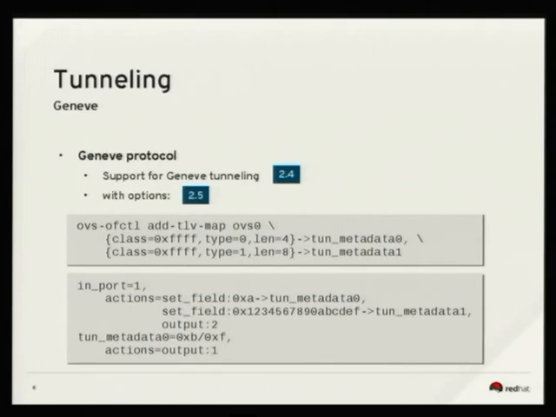So this class, this type, this length, and similar for others. So this rule actually adds two TLVs to the Geneve metadata area, and the constructed encapsulated packet is sent to vport 2. On ingress, we can match on metadata. Again, as usual, this is the mask, and this is the value, so it can be masked, making this more useful.